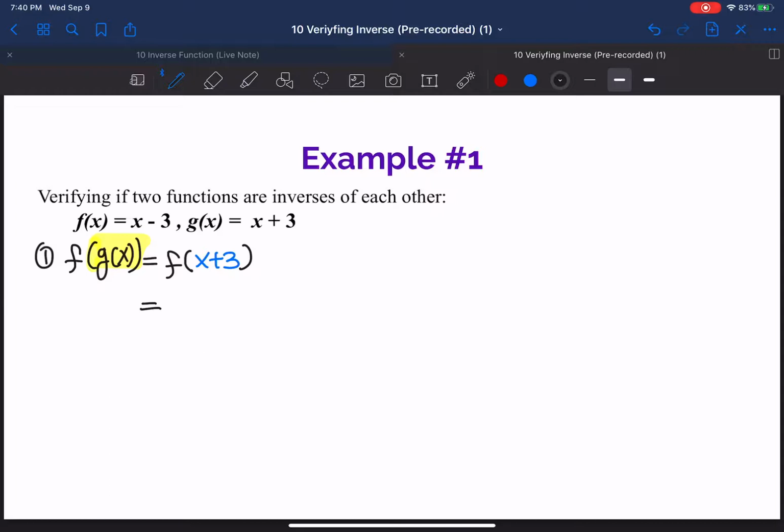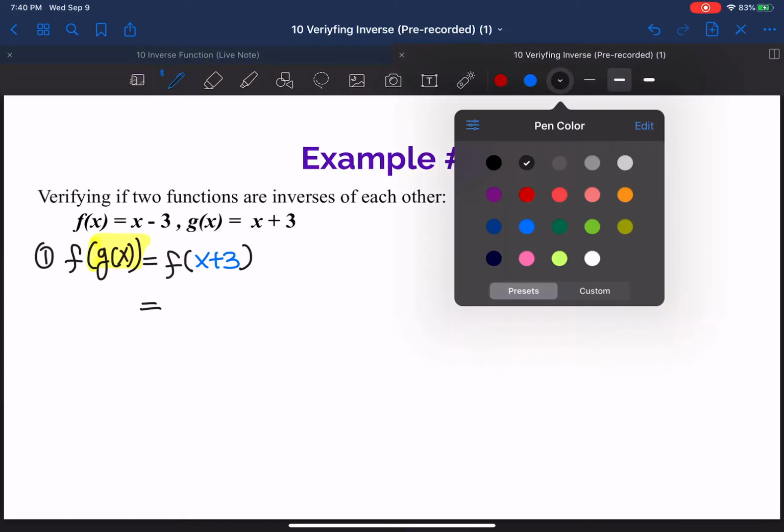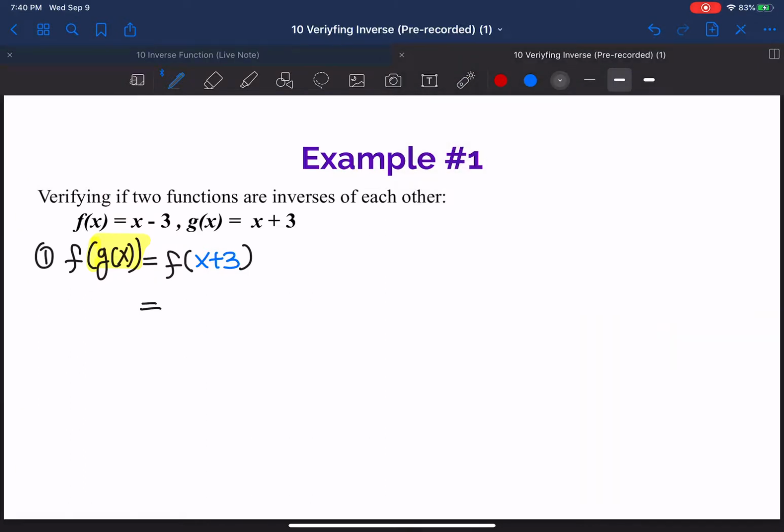And then what's my next step? We have to substitute this x plus 3 into my f function. I'll show you with a different color. f of x equals x minus 3. It's given.